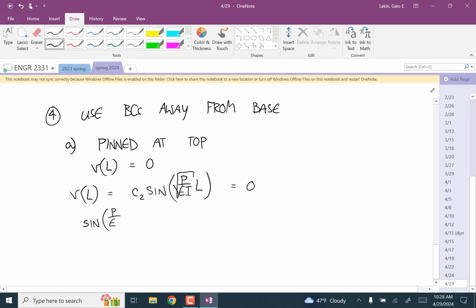So we can say this is equal to 0 at square root of P over EI times L equal to n pi, where n equals 0, 1, 2, and so on.